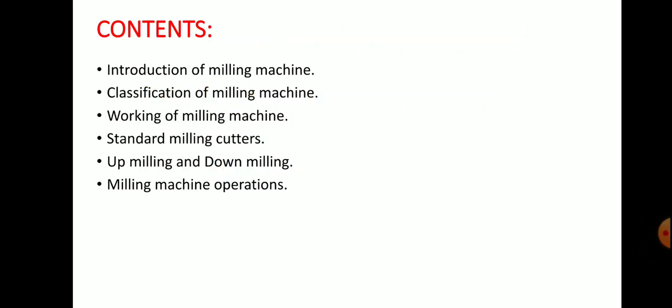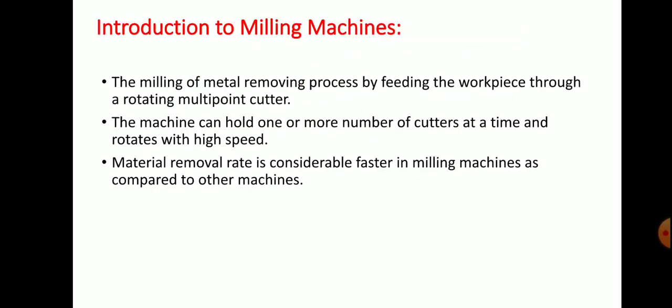Now let us see the introduction of milling machine. Basically, it is a process of metal removing by feeding the workpiece through a rotating multi-point cutting tool. At a time, a machine can hold one or more number of cutters which rotate at high speed, to remove the metal from the workpiece.